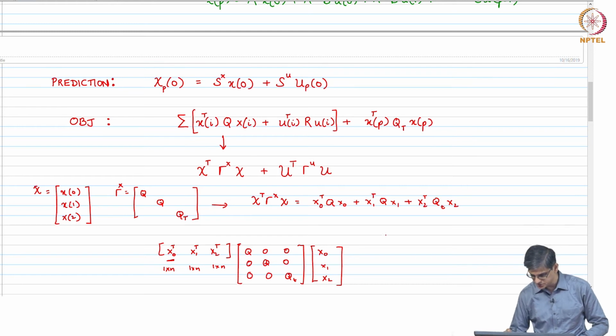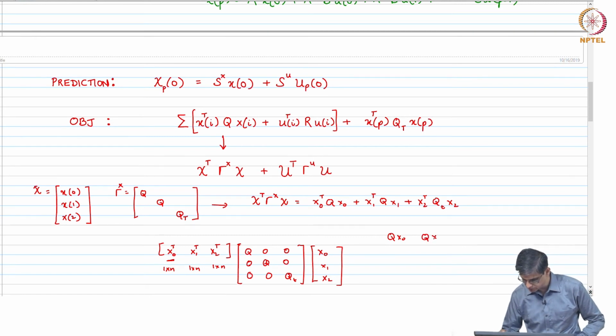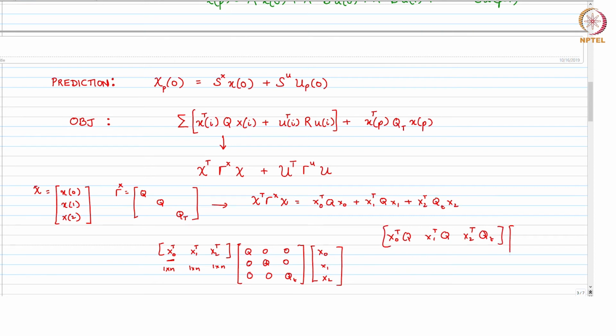So this multiplication will result in x0 transpose Q, x1 transpose Q, x2 transpose QT, multiplied by x0, x1, x2, which is x0 transpose Q x0 plus x1 transpose Q x1 plus x2 transpose QT x2, which is what you had in the objective function.